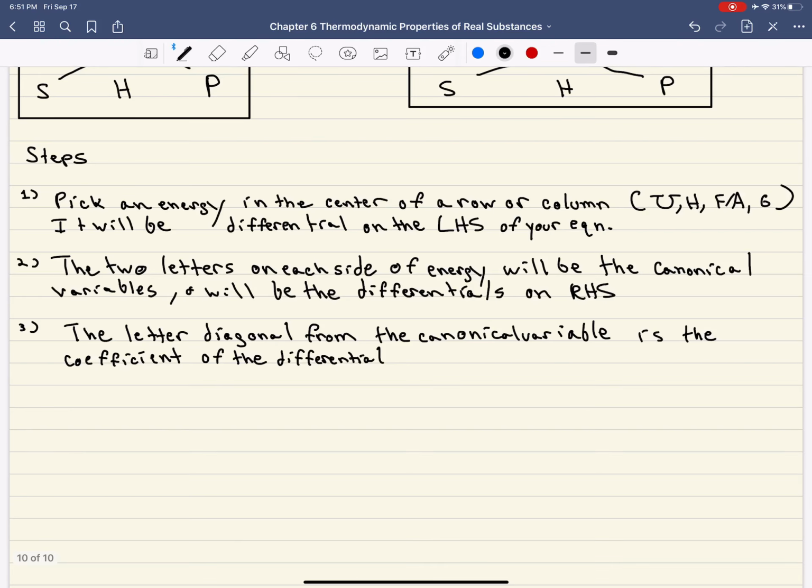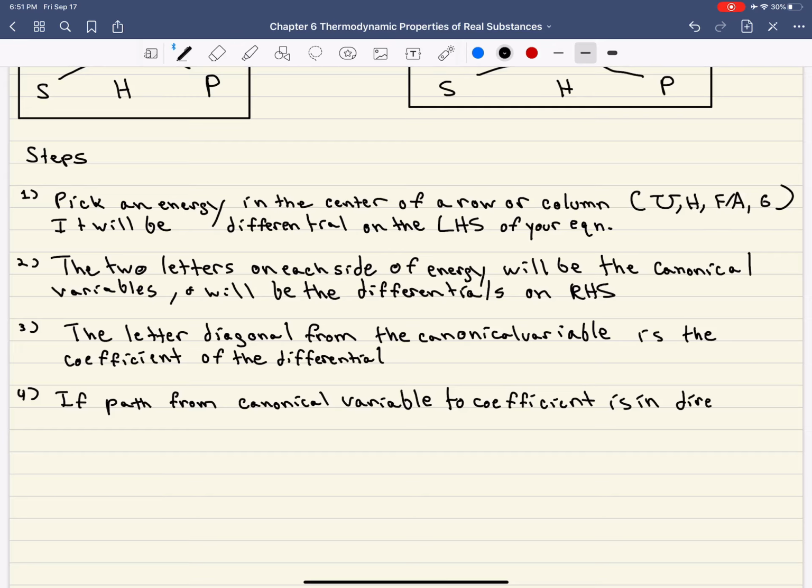Then step 4 has to do with the arrow. If the path from canonical variable to coefficient is in the direction of the arrow, so if you go from tail to head of the arrow, then the sign of the coefficient is positive.